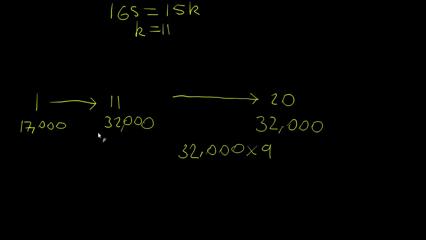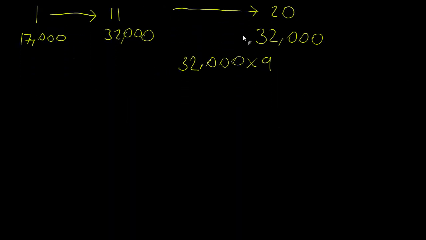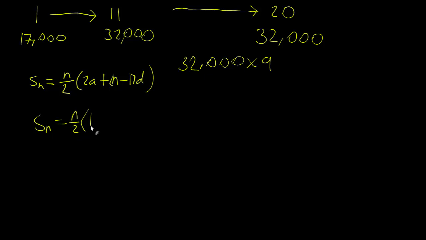But we need to work out the sum of the first 11 terms as well. That's given by the S_n equation, and there are two versions of it: either n over 2 times (2a plus (n minus 1)d), or the other version, which is probably a bit easier to use if we know the last term: the sum is equal to n over 2 times (a plus l), where l is the last term.